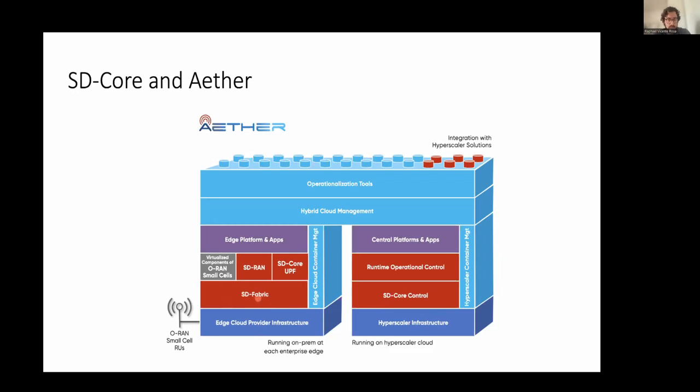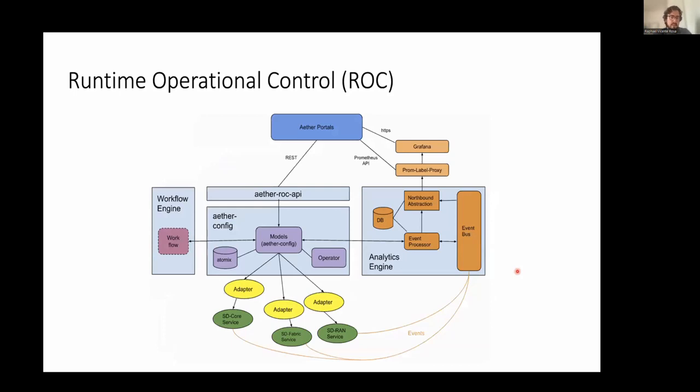So think here, for instance, that you could have a specific version of SD-Fabric or the P4 UPF running in a particular edge cloud, that is connected to a 4G or a 5G SD-Core component running in the edge or in the cloud, and a specific version of the SD-RAN component, controlling O-RAN small cells in the case of enterprise networks. And all of them controlled by the runtime and operation control component.